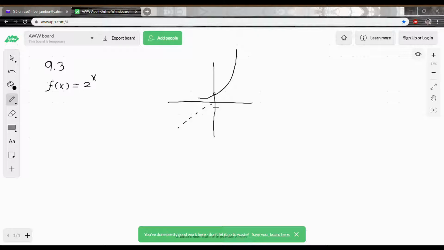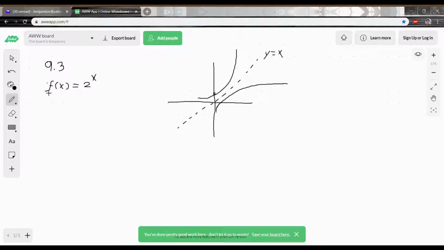If we were to reflect this across the y equals x axis, what that would look like is an initial fast increase followed by a slow increase that gets slower and slower. That's a logarithmic function. So let's see what it looks like.